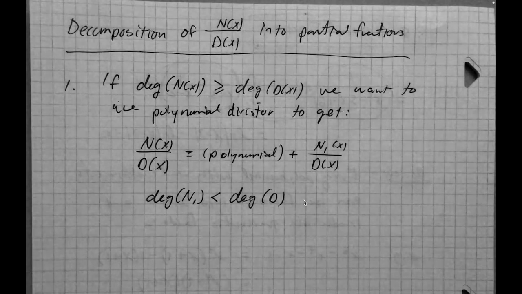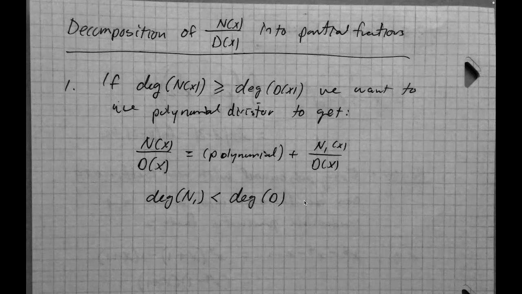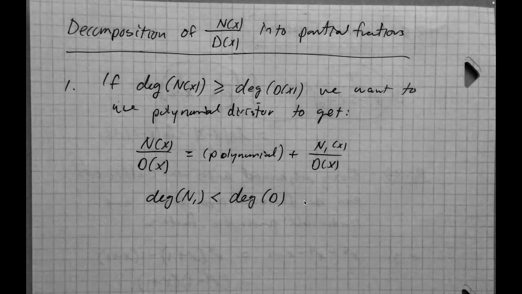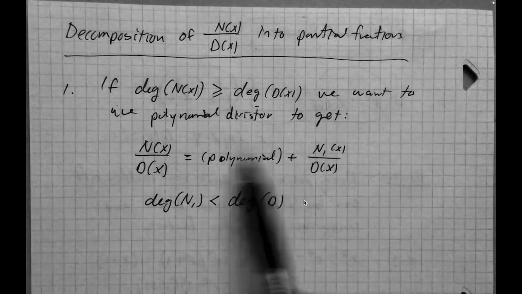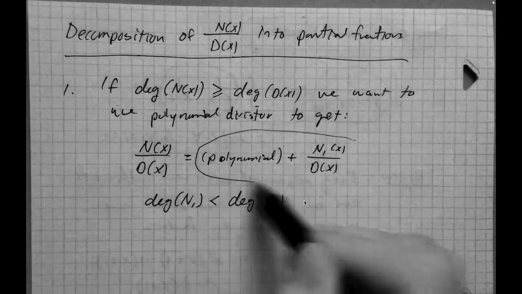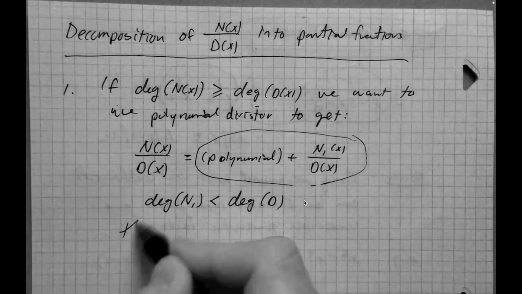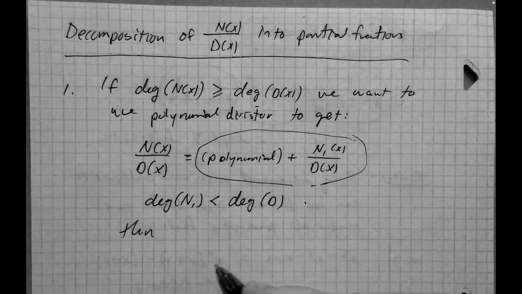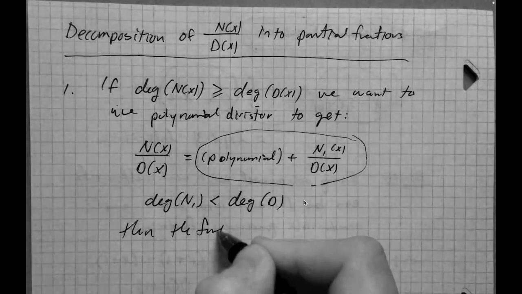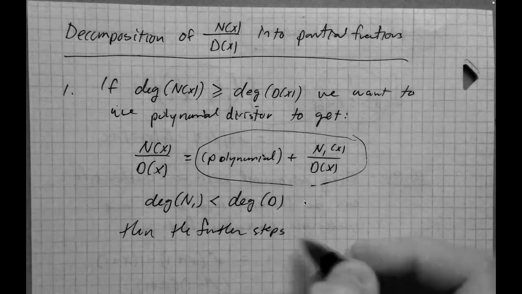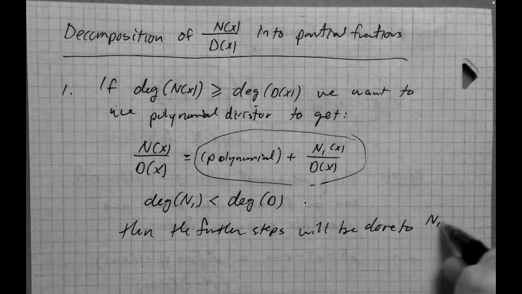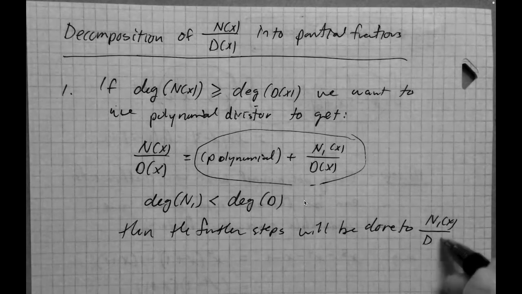So if you're dealing with an improper rational function, where the degree of the numerator is too large, you're going to want to do this polynomial division to get this form here. Then the further steps will be done on this part of it, n1 over d.